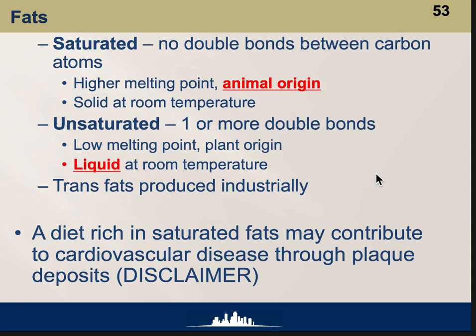So back in the day, it was very common that a diet rich in saturated fats actually led to cardiovascular disease. However, we know that there are very strong benefits of eating things like real butter, real milk, right?